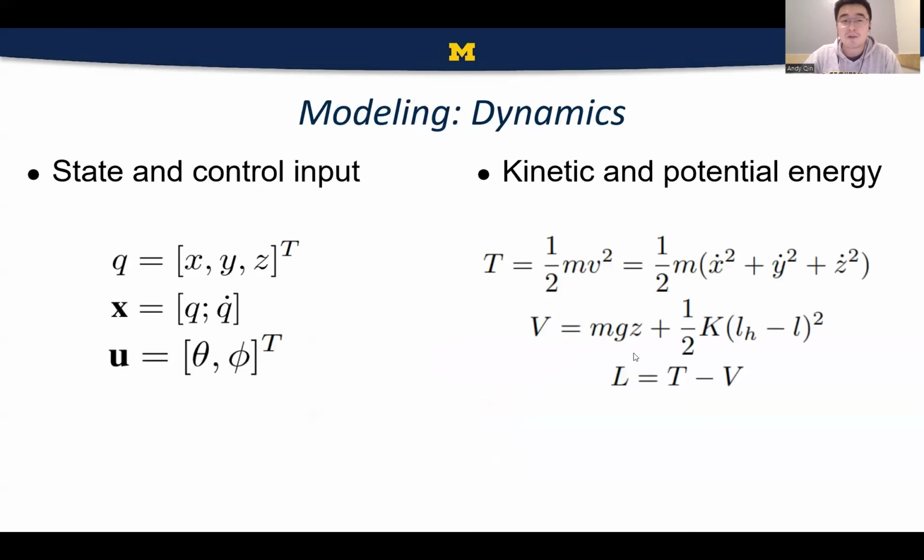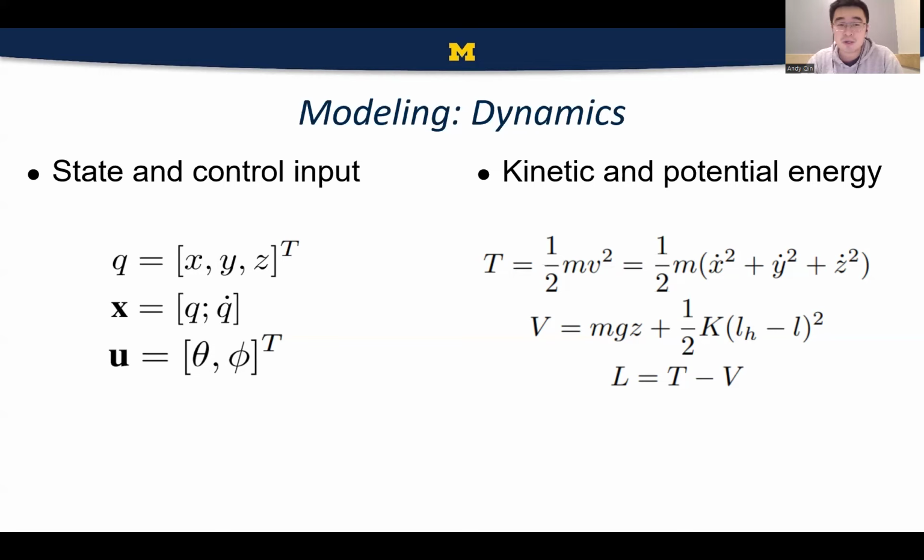So what about the dynamics of the model? Basically, since we're controlling the position of the hopper, we would have a Q of just the X, Y, and Z positions. And our state is actually Q and dQ over dt, which represents both the location and the velocity of the robot.